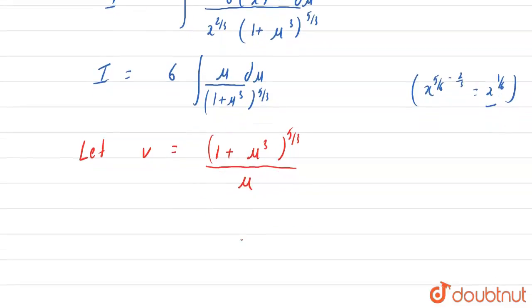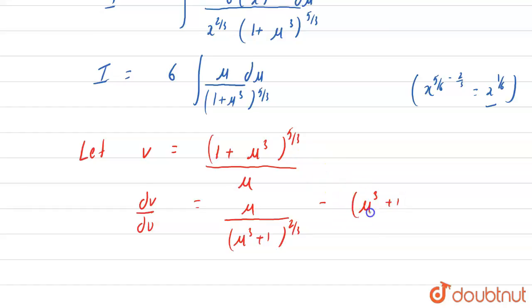Now if we differentiate it, we find that dv by du is equal to, after this differentiation, u in the denominator, and (u cubed plus 1) to the power 2 by 3, minus (u cubed plus 1) to the power 1 by 3, divided by u.